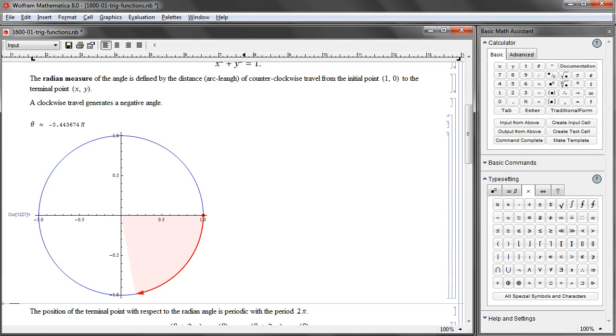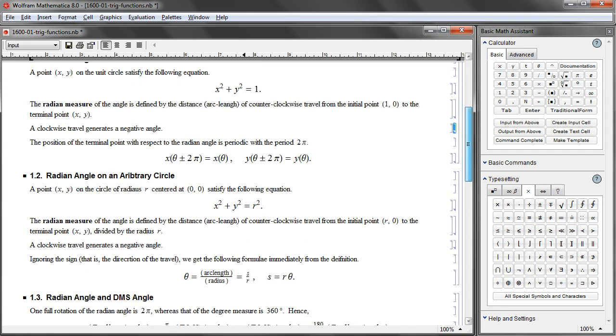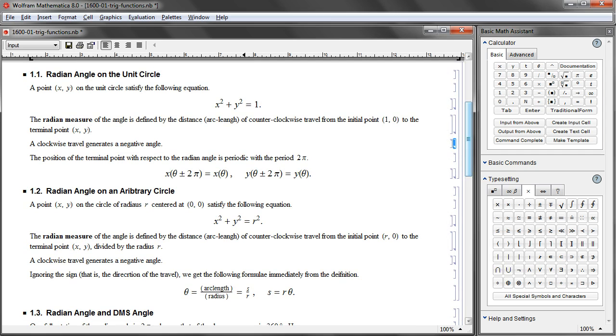It's easy. Another observation, the terminal point x comma y is periodic. As a matter of fact, it's a little bit difficult to see it this way. Well, let's represent it in this fashion. X comma y for the angle theta plus or minus 2 pi is the same as x comma y for the angle theta.